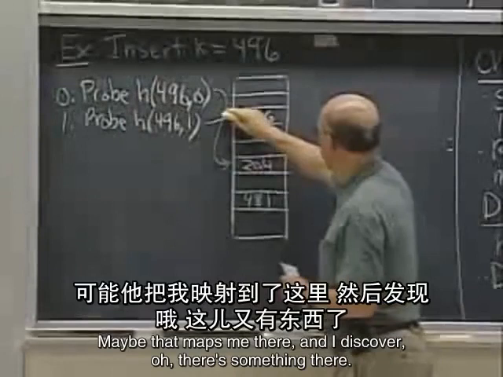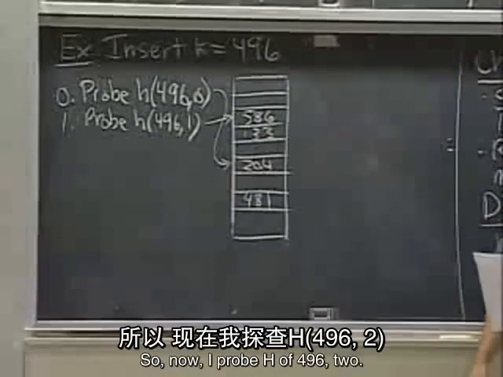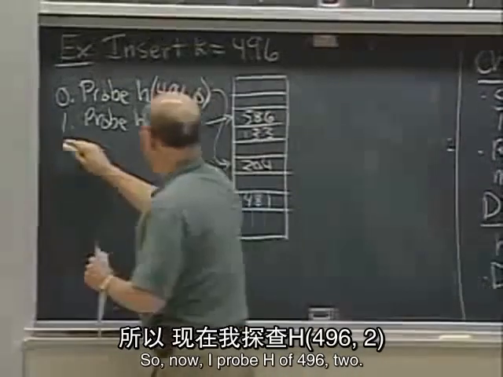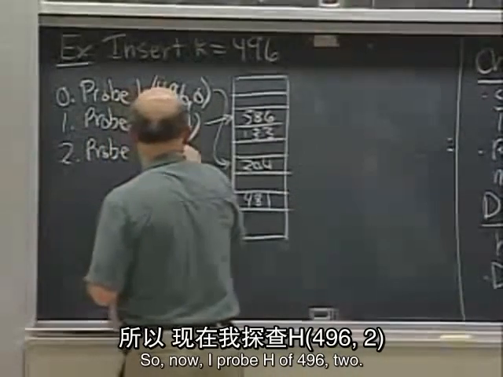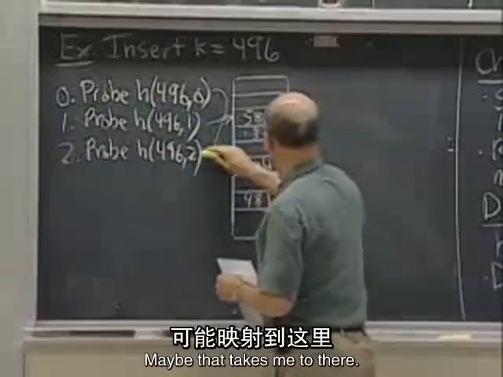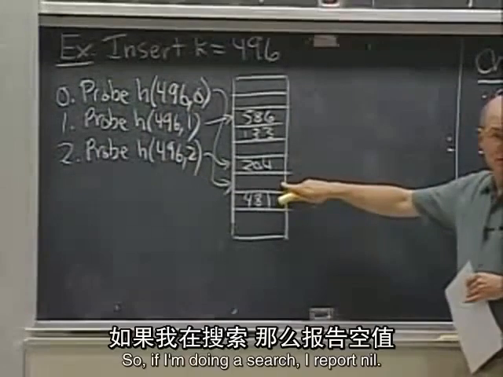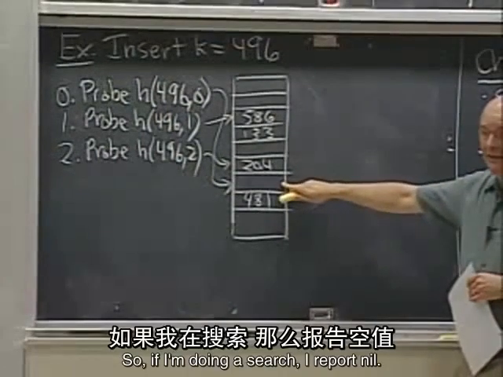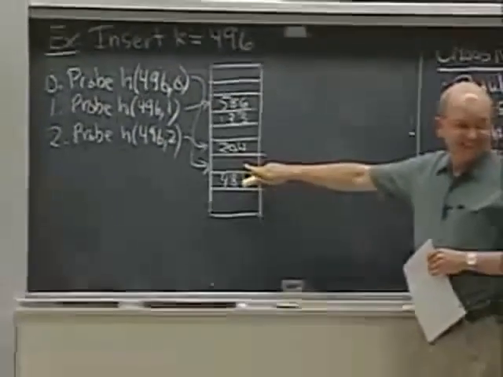Maybe that maps me there, and I discover there's something there. So now I probe h of 496, comma 2, and maybe that takes me to there. It's empty. So if I'm doing a search, I report nil. If I'm doing an insert, I put it there.